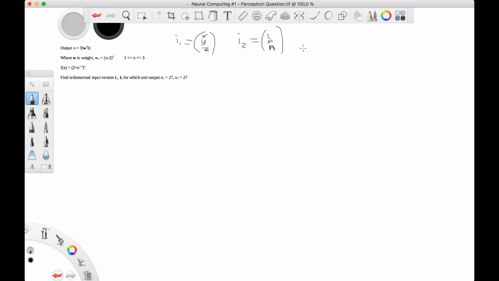Okay. Let's work out the weight next. So we're given Wn is equal to (n minus 2) cubed, where n is from 1 to 3. What this means is that each row of the weight is equal to the number of the row, so row 1, 2, and 3, where the number is n. We get the number of the row minus 2, cubed.